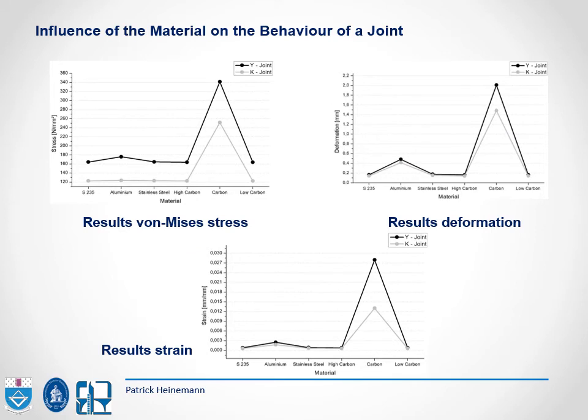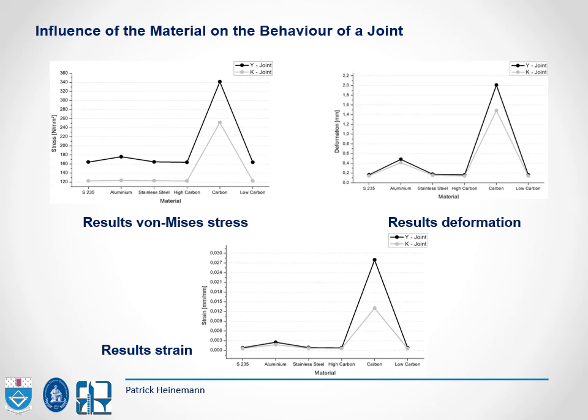The results for the stress, deformation and strain are quite comparable, so for each steel they are quite the same. There is a gap between the K and the Y joint, and in case of aluminum there's a little peak, so if you want, it's a little bit weaker, and there's a higher peak for the carbon.